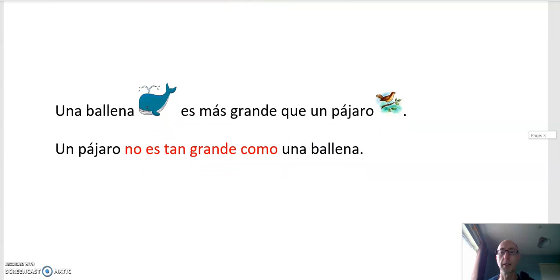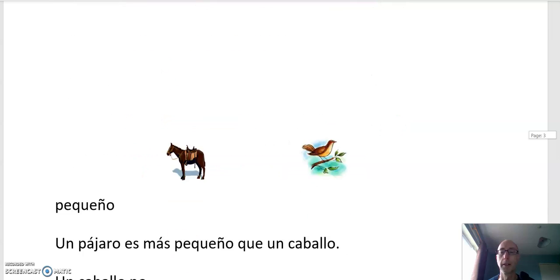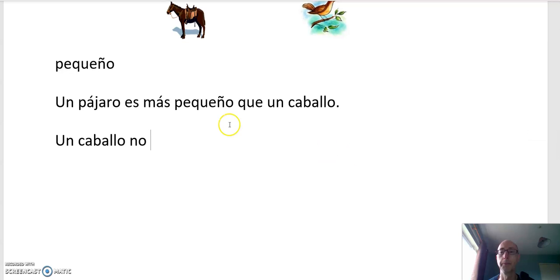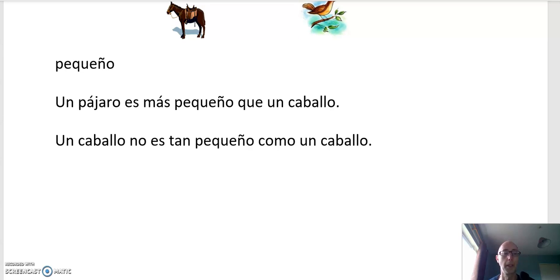So for example, no es tan grande como una ballena. Let's do the same here. Un pájaro es más pequeño que un caballo. Un caballo no es tan pequeño como un pájaro. No es tan pequeño como. So it's always the same pattern.